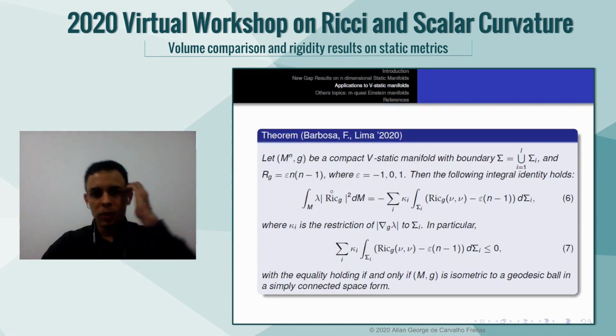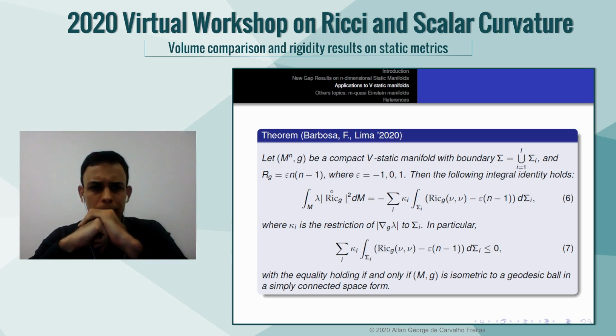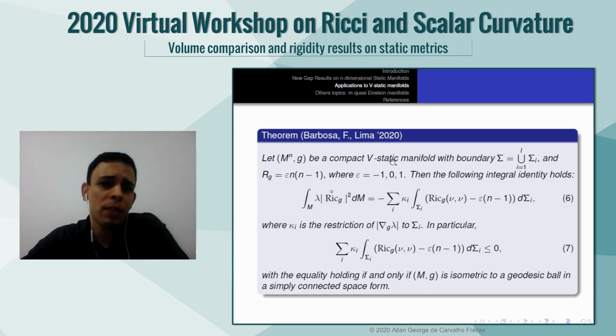So the first result for V-static manifolds, in a joint work with Barbosa and Lima, says that if you have a compact V-static manifold with boundary decomposed in this form and the scalar curvature normalized in this form, then the following integral identity holds, okay?